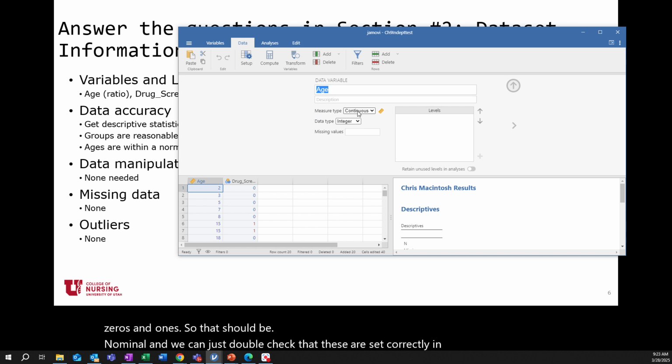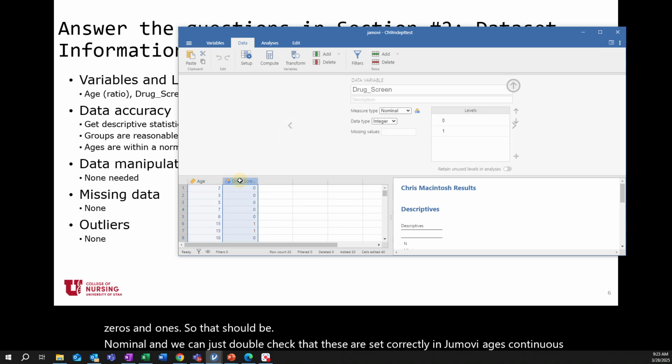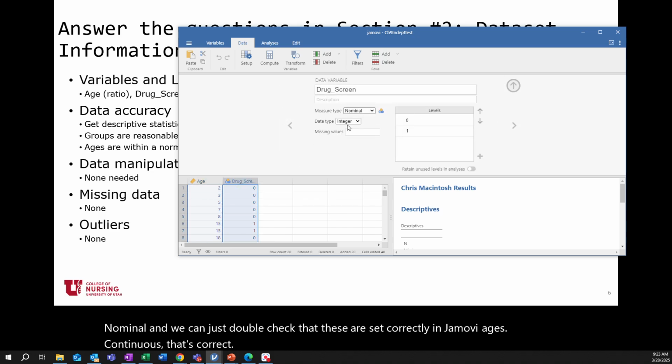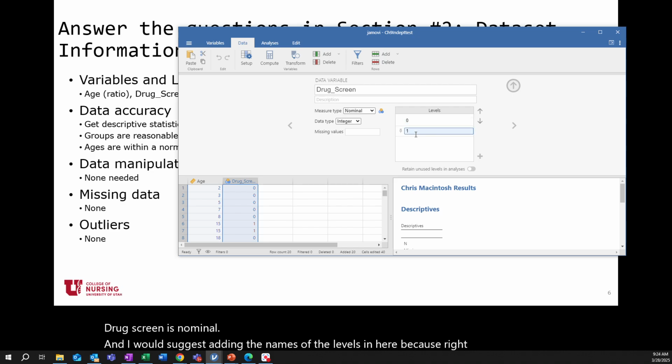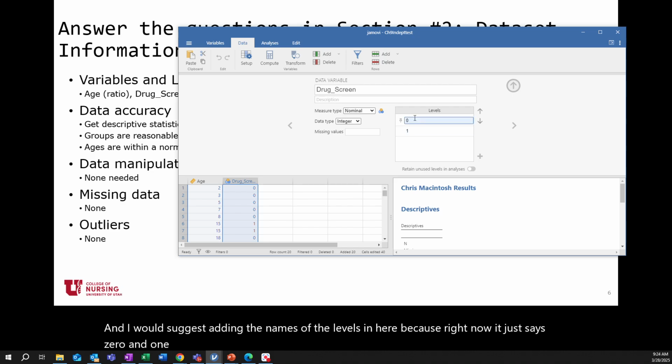Age is continuous. That's correct. Drug screen is nominal. And I would suggest adding the names of the levels in here, because right now it just says 0 and 1. If you're used to doing this all the time, usually you can keep that separate in your head.